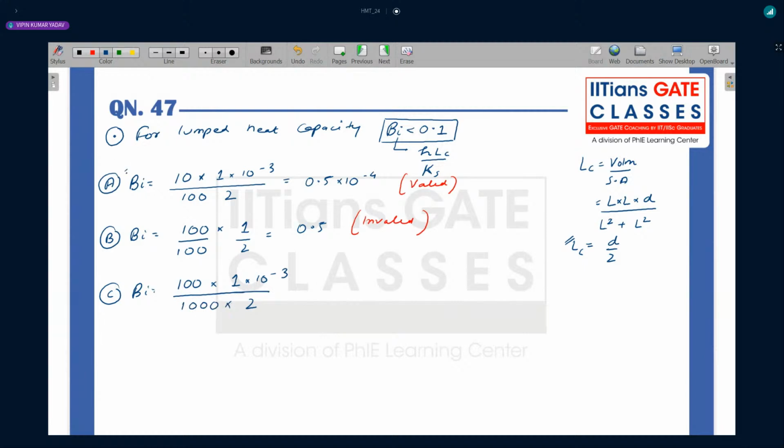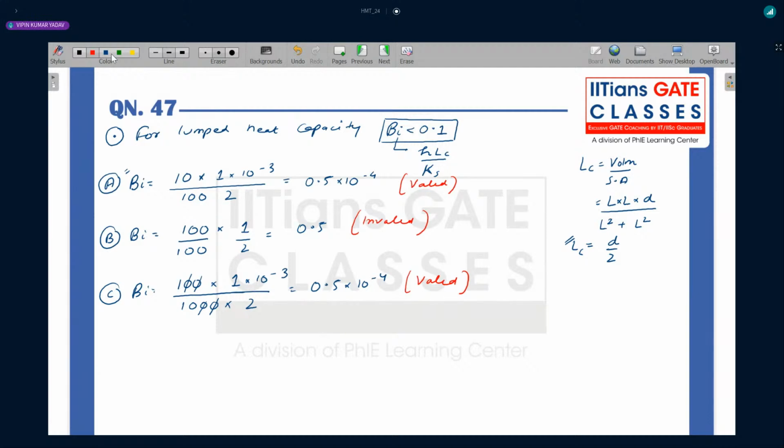So it will again be 0.5 into 10 to the power minus 4. So again this is valid. These conditions can be considered under lumped heat capacity analysis.